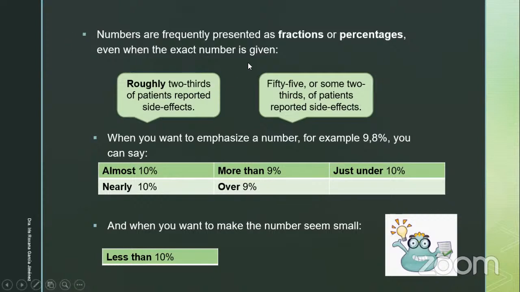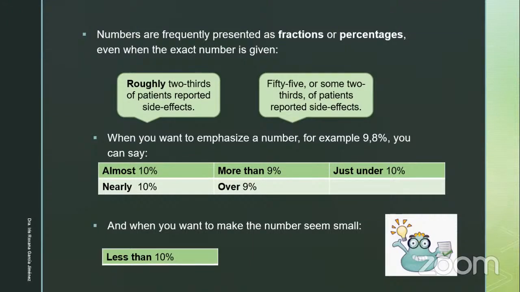For example, we can say, roughly 2/3 of patients reported side effects. Easy. Or another way, some 2/3 of patients reported side effects, right?